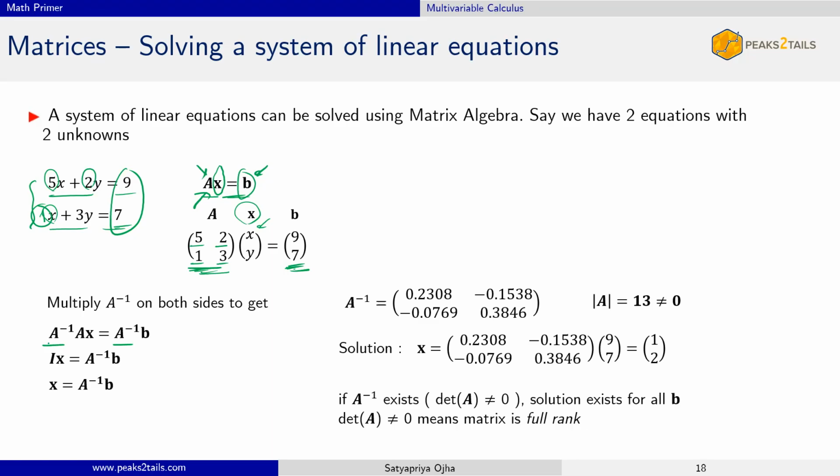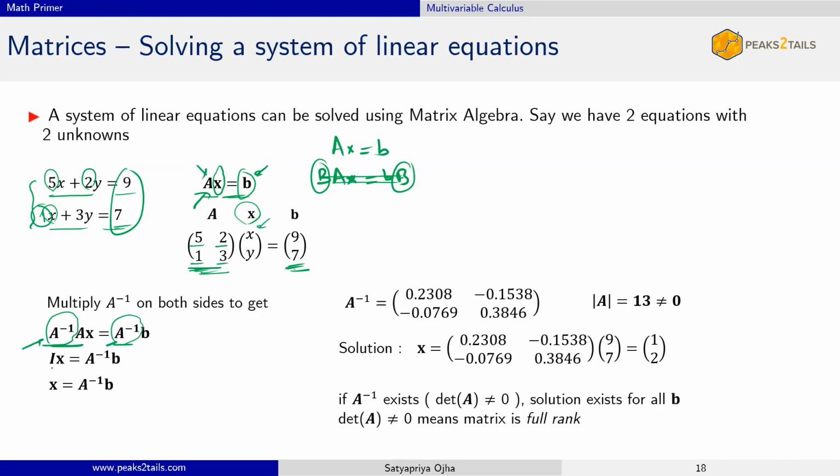So we use the term pre-multiply. Pre-multiply A inverse. What I'm saying is, if Ax equals B, don't multiply B here and then multiply B there. This is wrong. This is post-multiply. This is pre-multiply. It has to be the same on both sides. So pre-multiply A inverse on both sides.